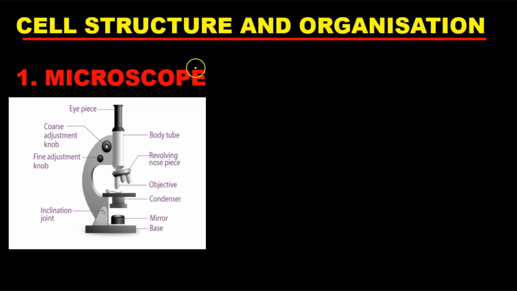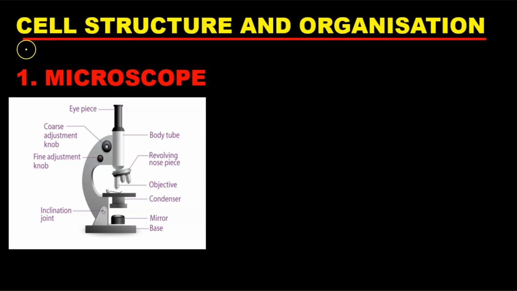Now in this topic we are going to focus mainly on the cell structure and organization. Cells are very small, such that they cannot be seen by our naked eyes, and therefore we need an instrument to view the cells.